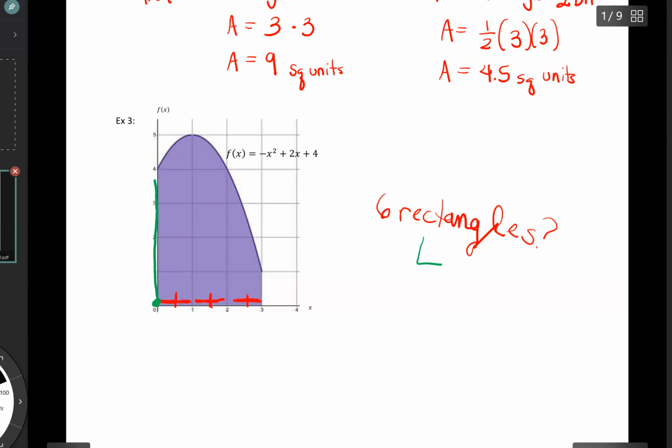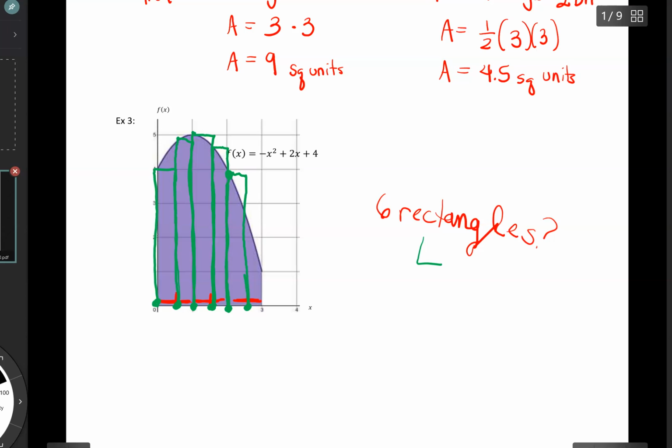I would go up, cut over half, start on the left, go up, hit my graph, over, come down, start on the left, go up, hit my graph, come down.